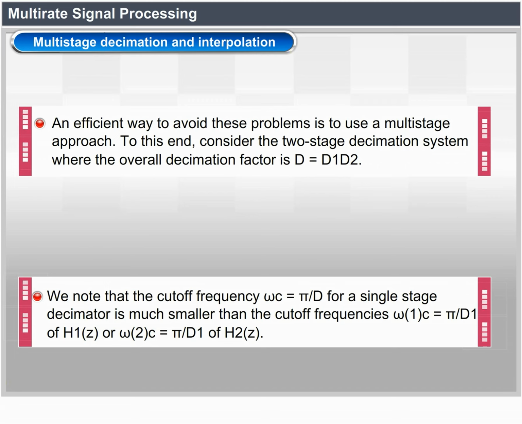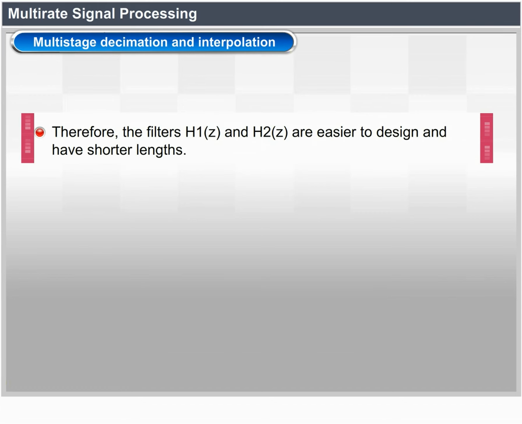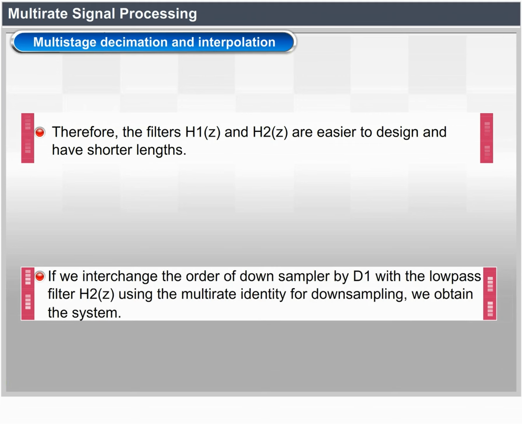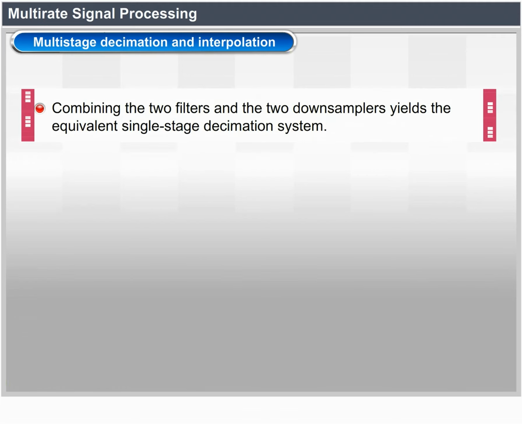Therefore, the filters H1(z) and H2(z) are easier to design and have shorter lengths. If we interchange the order of the downsampler by D1 with the low pass filter H2(z) using the multirate identity for downsampling, we obtain a system combining the two filters and the two downsamplers yields the equivalent single stage decimation system.